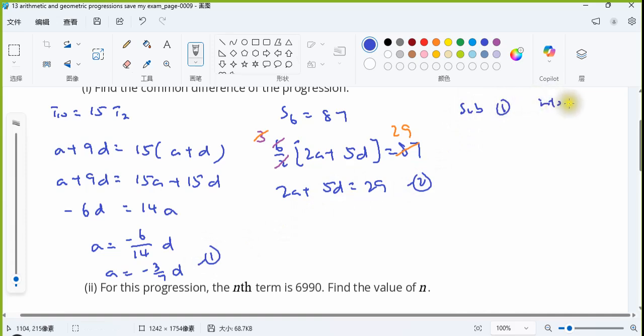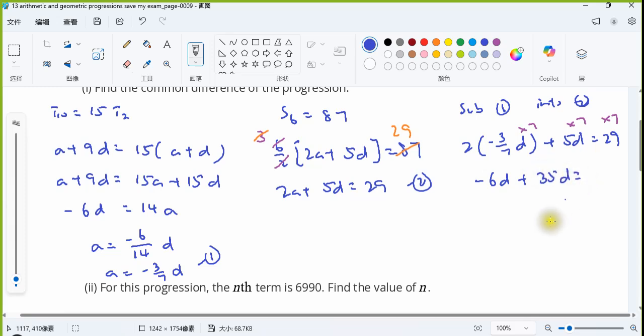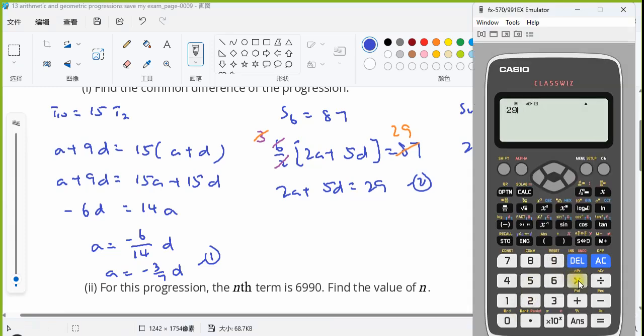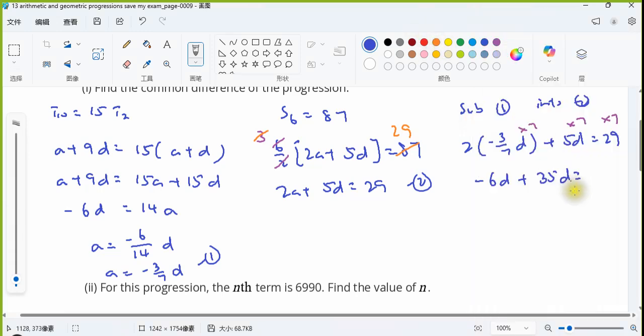So 2 times negative 3 over 7 d plus 5d equal to 29. Multiply everything by 7: negative 6d plus 35d equal to 29 times 7, which is 203.